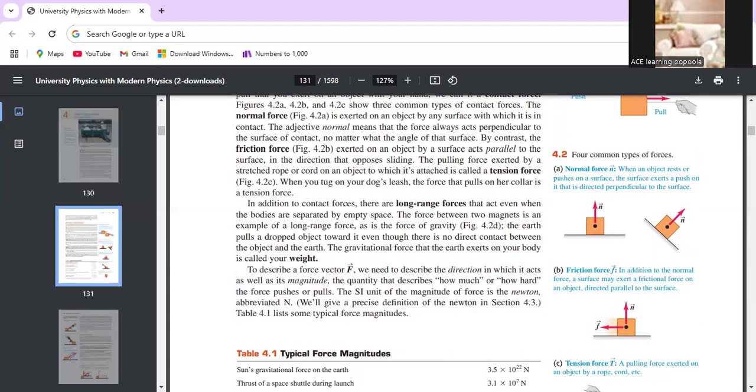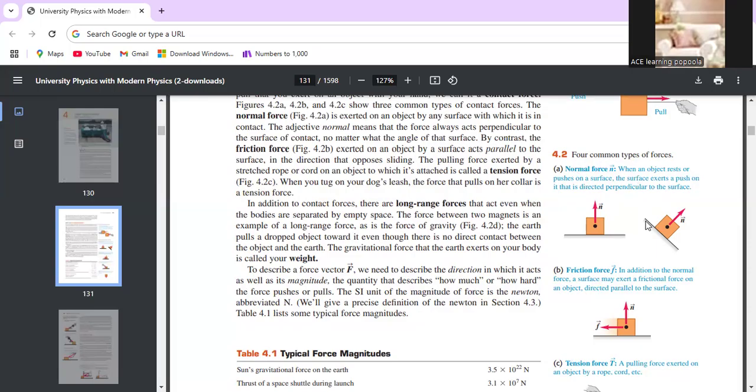For example, if you look on the screen, figure 4.2 shows four common types of forces. The normal force is when an object rests or pushes on a surface. The surface exerts a push on it that is directed perpendicular to the surface.